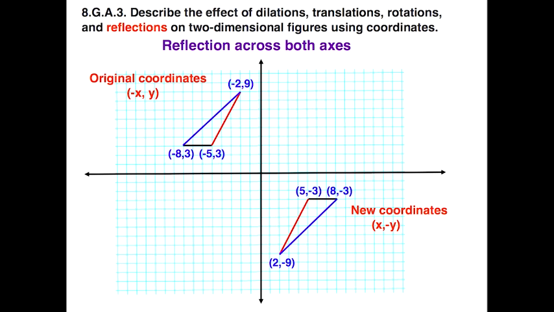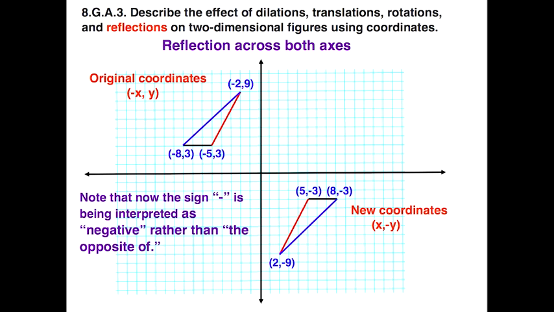Now, here's something interesting. This is what can lead to confusion if we're not careful. Notice here the way that the original coordinates are labeled and the way the new coordinates are labeled. Notice here that the sign is being interpreted as negative rather than the opposite of.